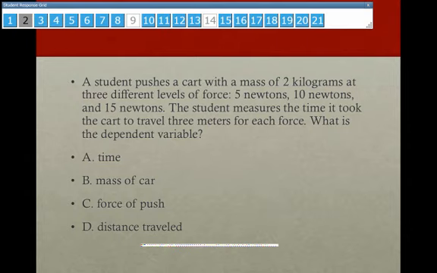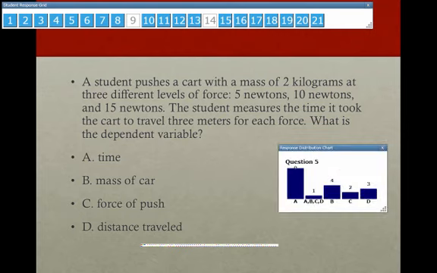We'll take the quiz in the actual program. Answer is A.